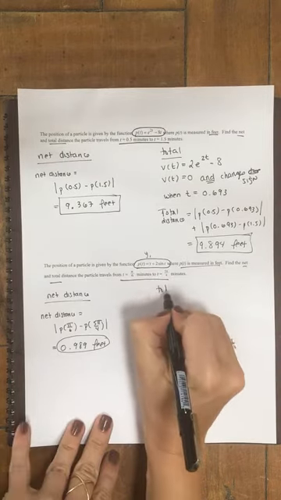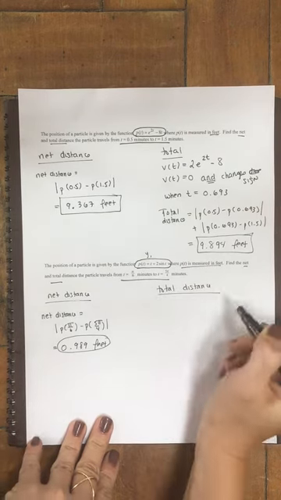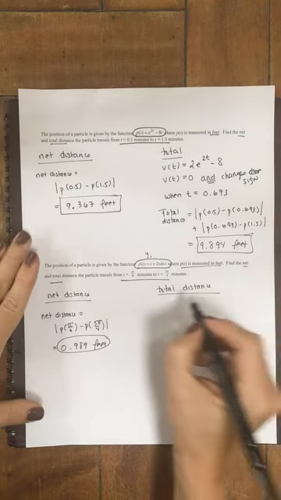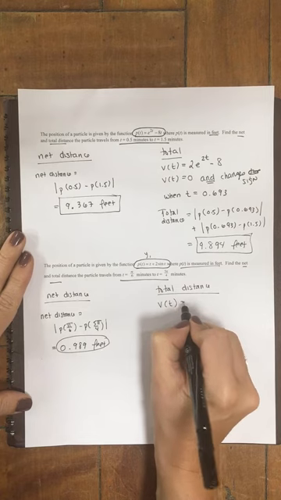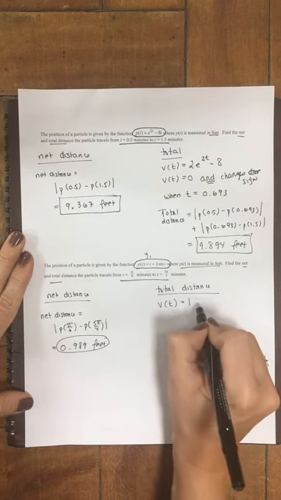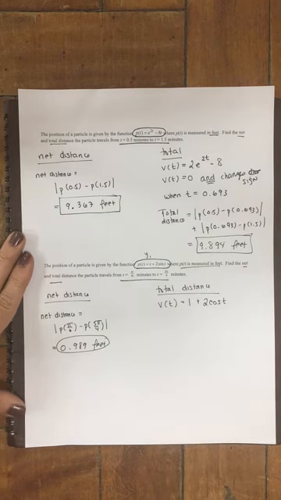Now, total distance. We need to see if the particle changes direction, meaning does the velocity change from negative to positive or positive to negative. So taking the derivative of the position function, position to velocity, 1 plus 2 cosine of t.